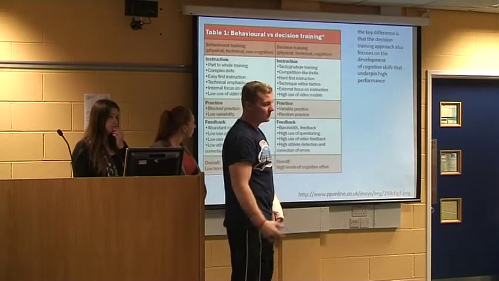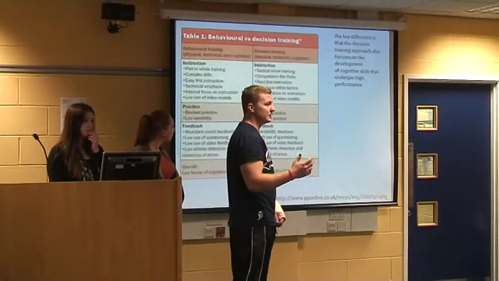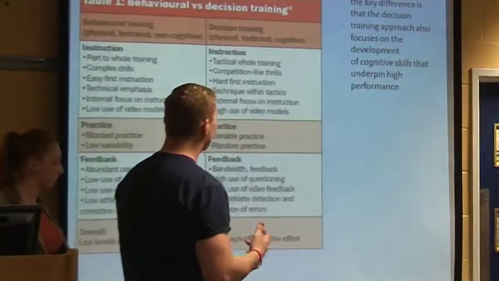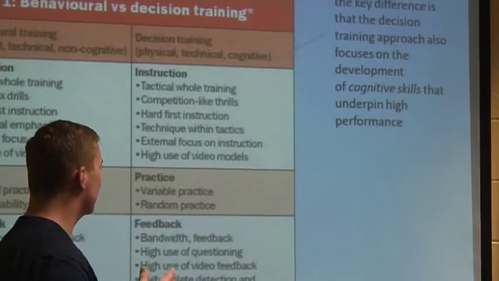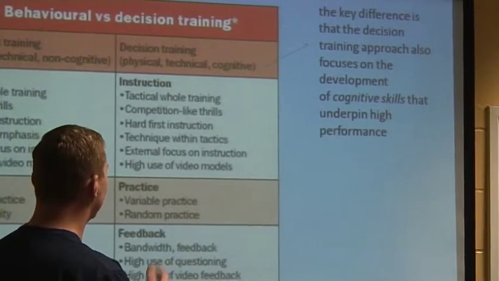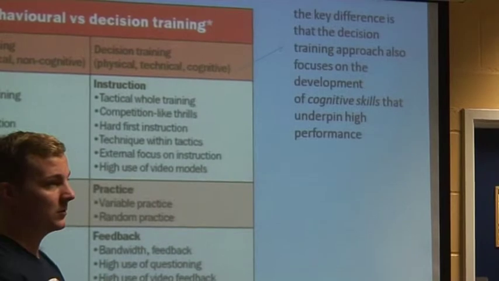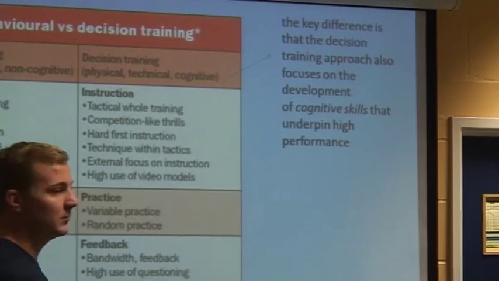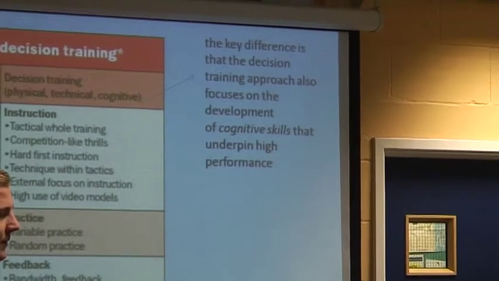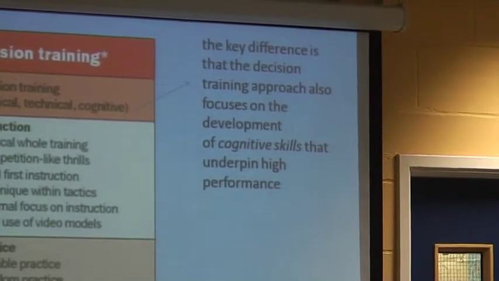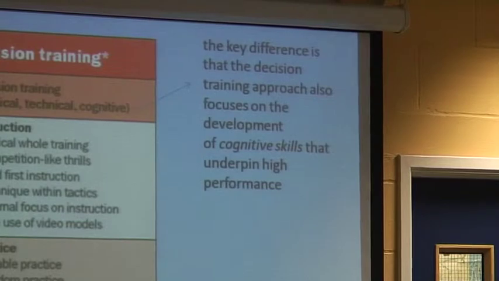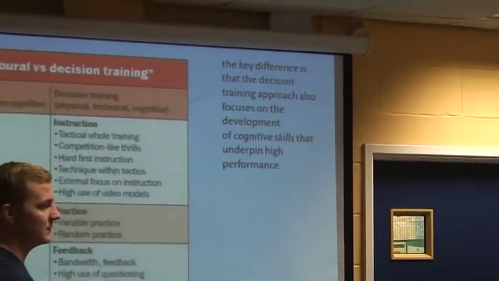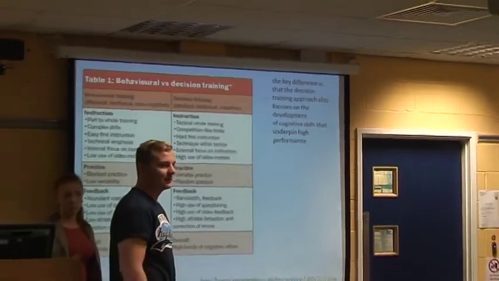So an example of TGFU, you get put into a game, you're asked to make a decision. You've got the tactical side to look at, which is one of the points of TGFU, and obviously the competition just creates a bit more fun, so it's not as tedious as the behavioural side would be, if that makes sense. Does anyone have any questions?